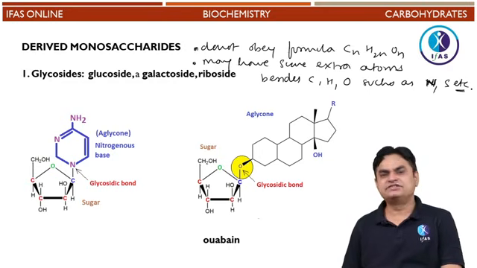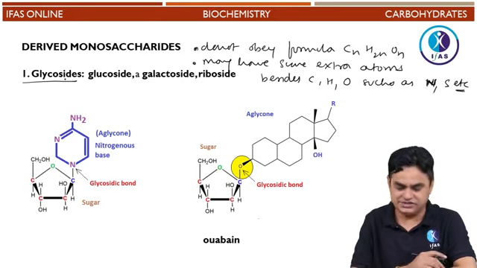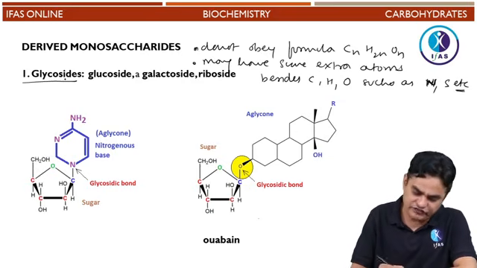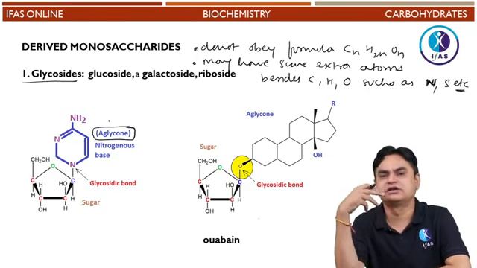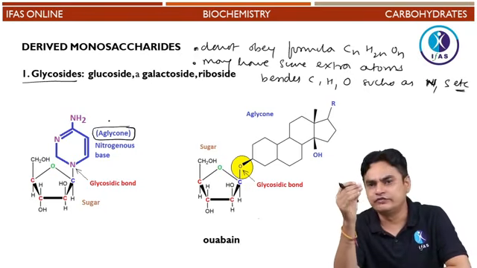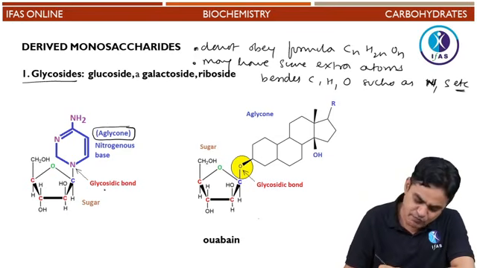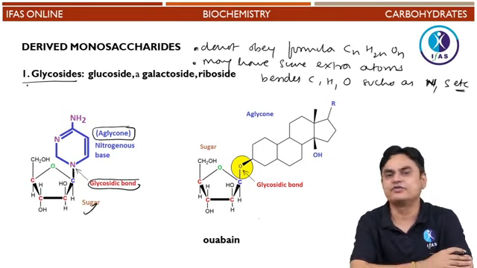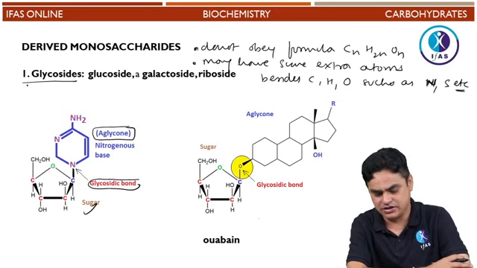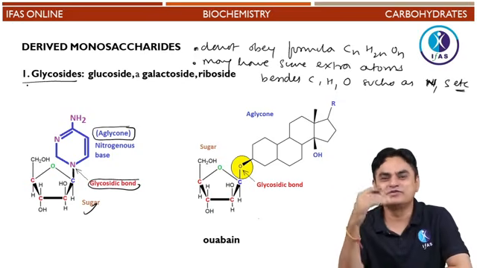The simplest derived sugar is referred to as glycosides. So if any aglycone, which is not a sugar, forms a glycosidic bond, meaning it gets attached with a sugar, then it is referred to as a glycoside. Now this could be a nitrogenous base with a sugar, referred to as a nucleoside.